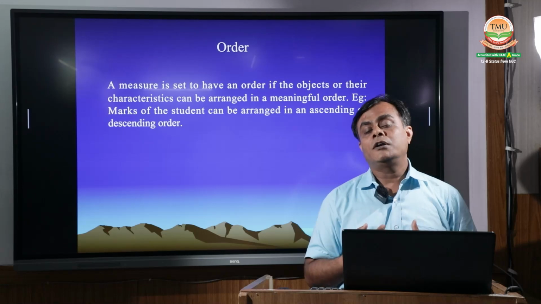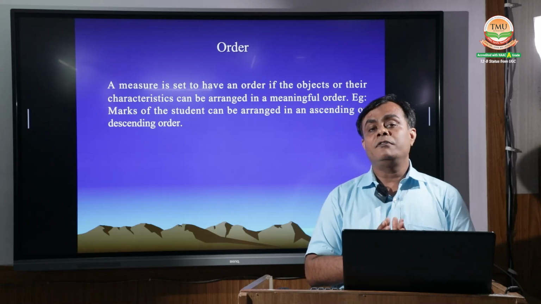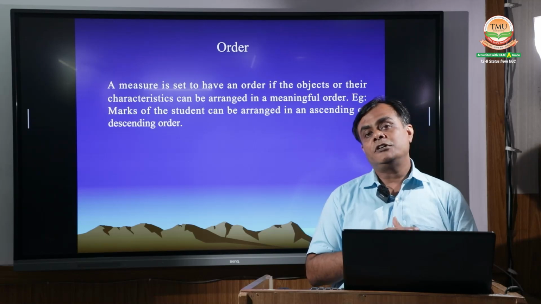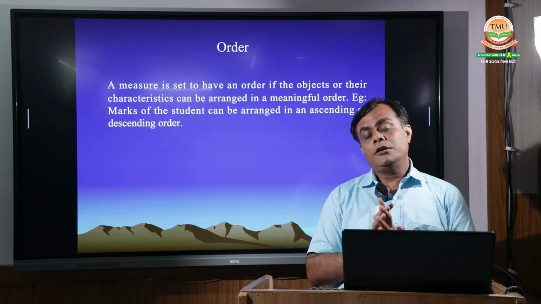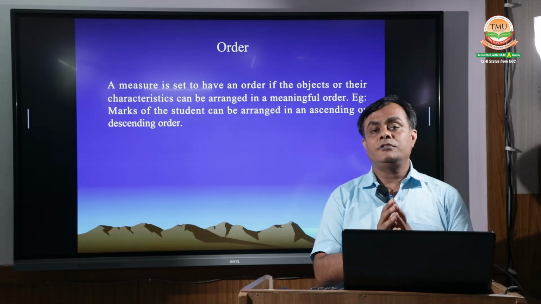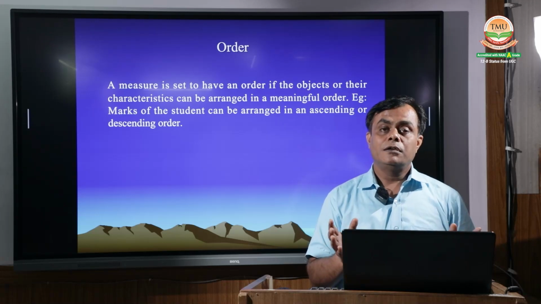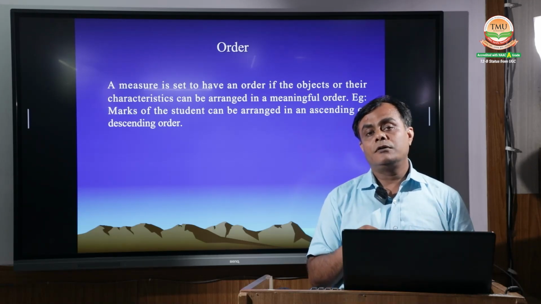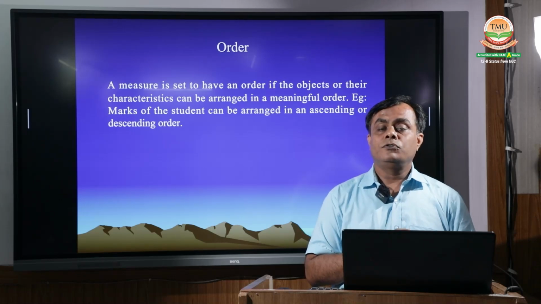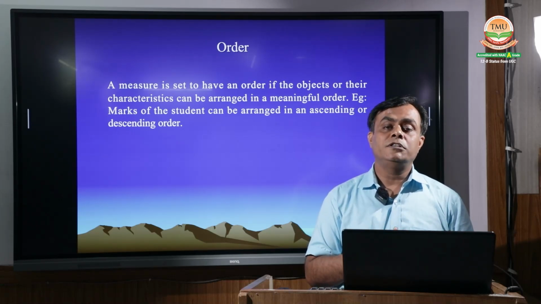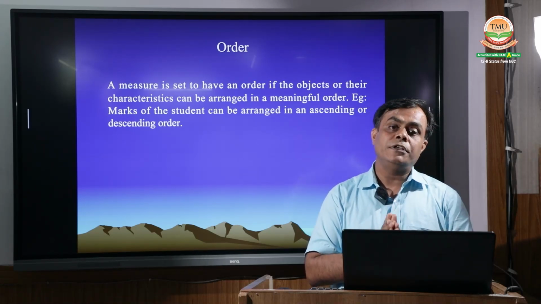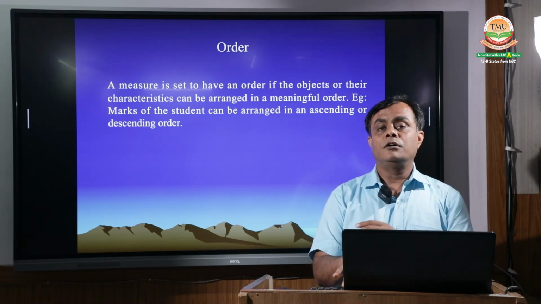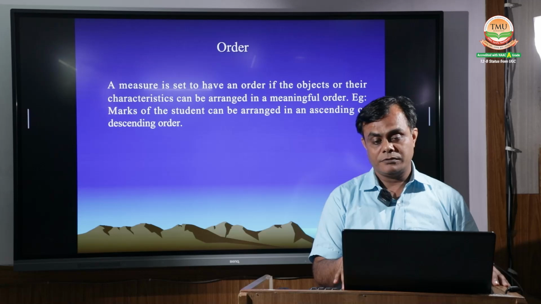So order is simply a meaningful arrangement of anything. We mostly use it when arranging numerical values, which you can arrange in ascending or descending order. In this way the purpose of order is fulfilled.